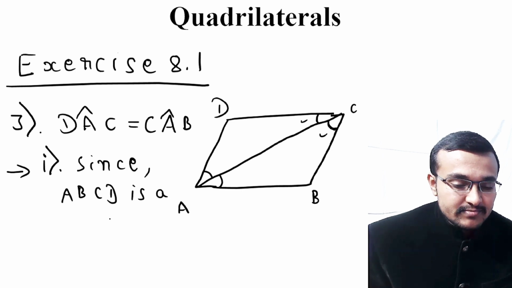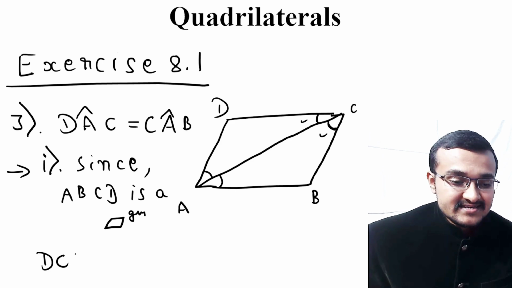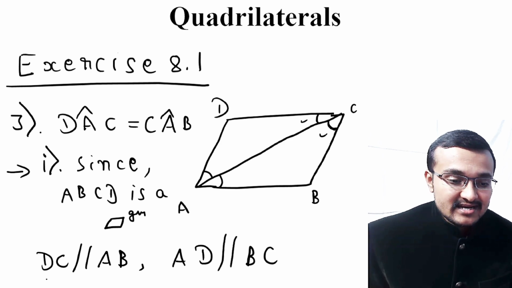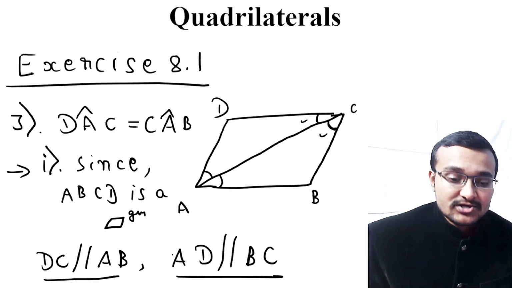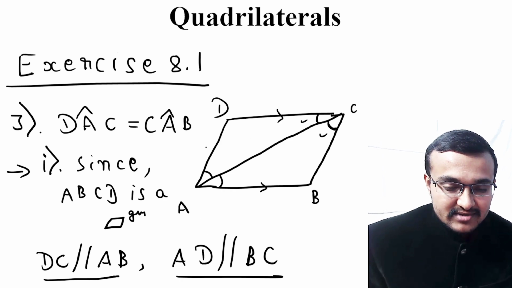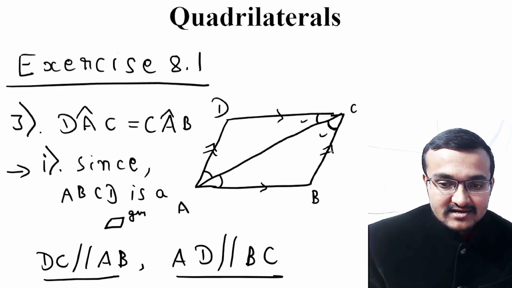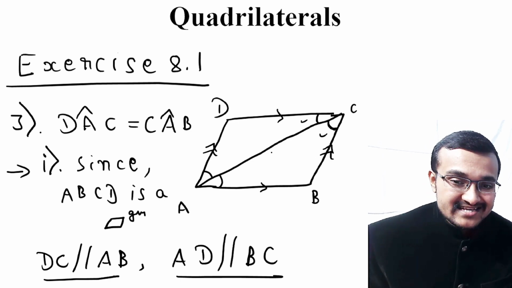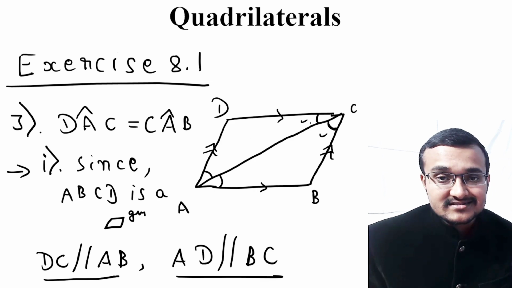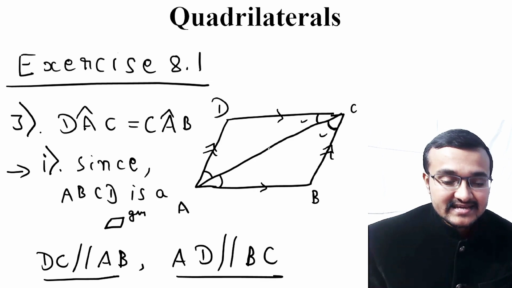Since ABCD is a parallelogram, DC is parallel to AB, and also AD is parallel to BC. So these two lines are parallel to each other and these two lines are parallel to each other. Based on this data, you have to prove that angle C is bisected by the line AC.